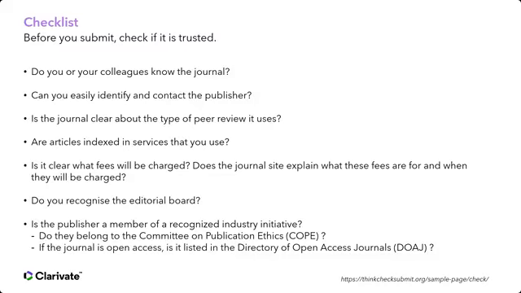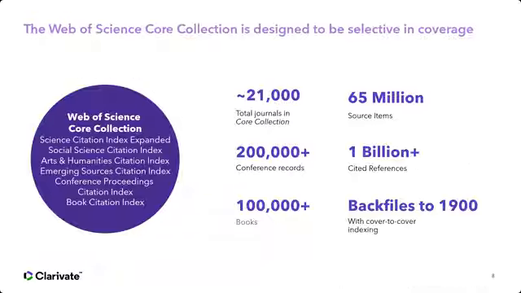Right. Now, this is a very simple checklist, but even just going through this checklist by yourself, it will take some time. And researchers are always very time poor. It is better or more efficient if you are able to use a tool that has already done this comprehensive curation for you. And that's where the Web of Science Core Collection comes in.